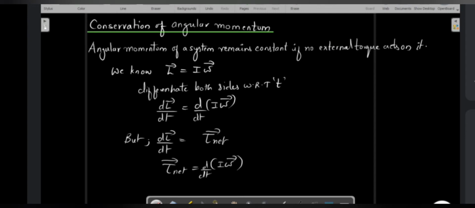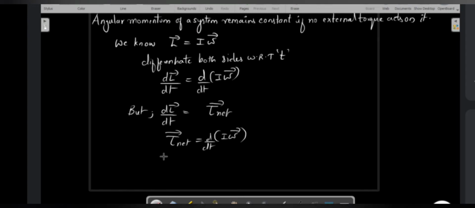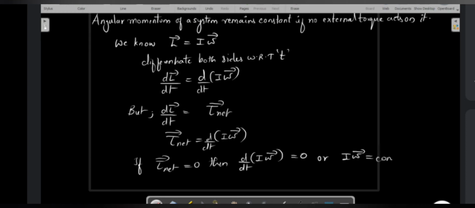And if the net external torque acting on the body is equal to 0, then we can say that d by dt of I omega is equal to 0. That means there is no change in I multiplied by omega, or I can say that I into omega is constant.